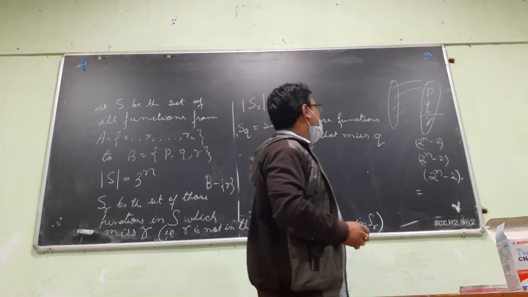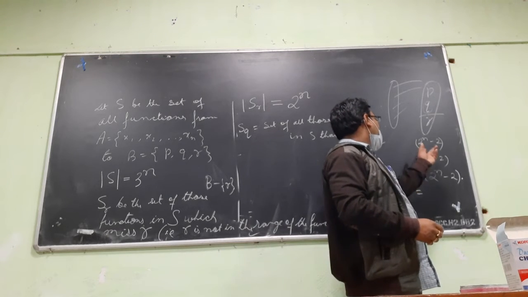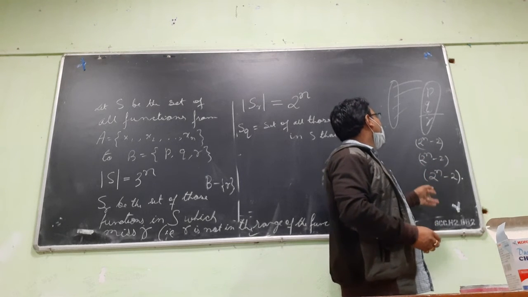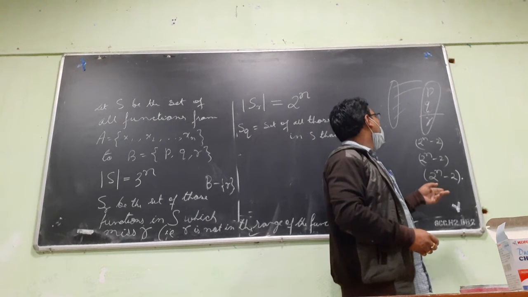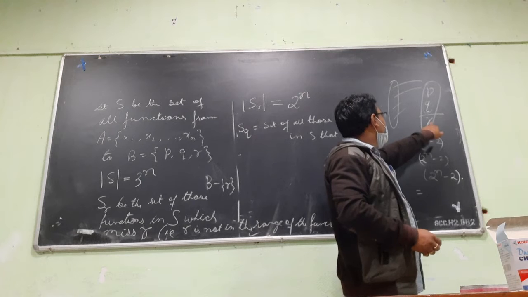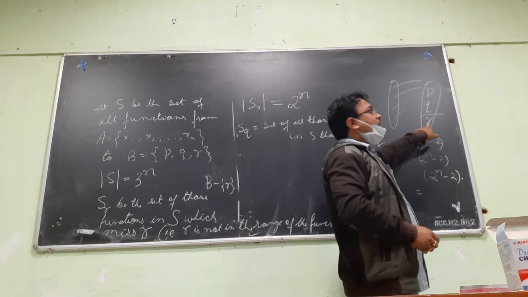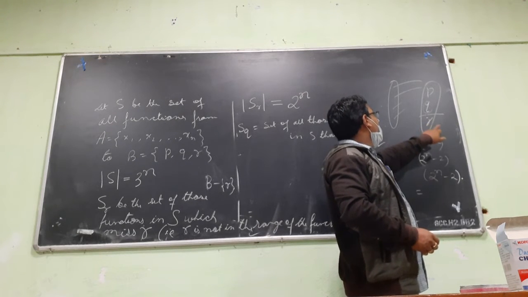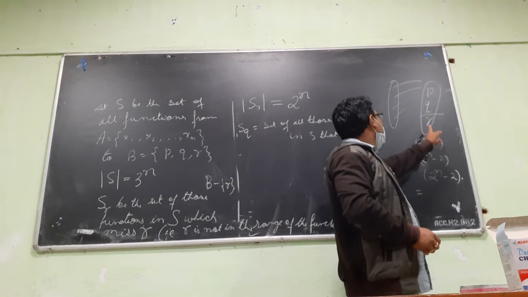the total sum. But after that the work is not done. We have to find out some more. This is the number of functions which miss R, but we have excluded some other functions.